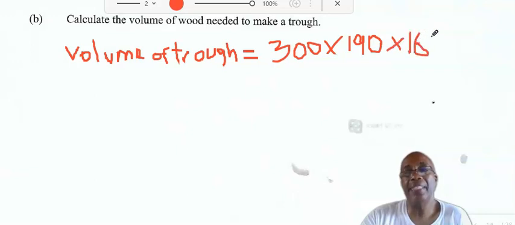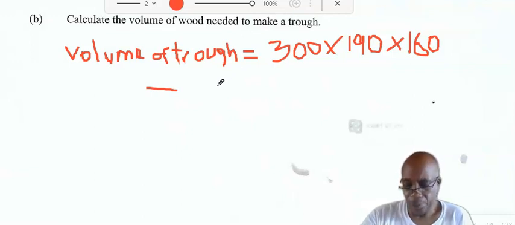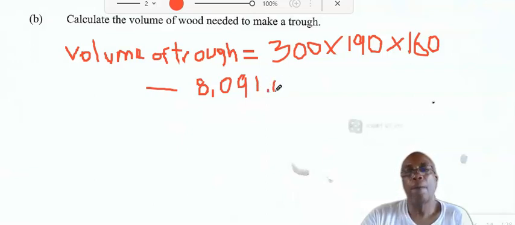And when we get this answer, we are going to subtract the volume we found in A inside the trough, which is 8,091,000 cubic centimeters.